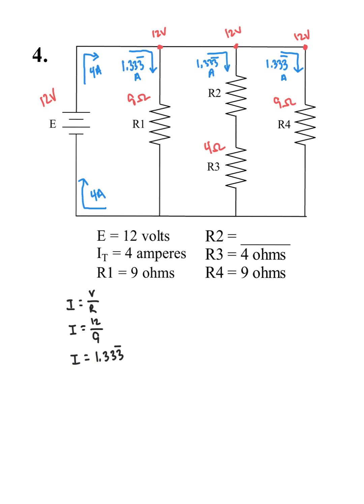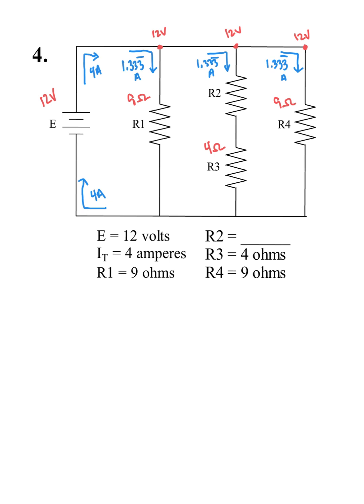This tells me that branch 2 has to have the same resistance as the R1 and R4 branches, if it has the same amount of current with the same voltage. So I could just say it's got to be 5 ohms, but let's do it mathematically.